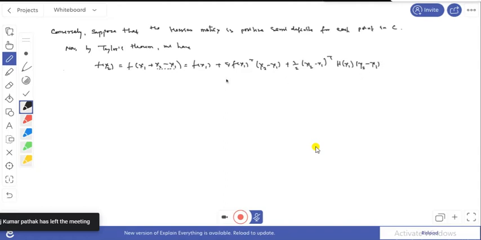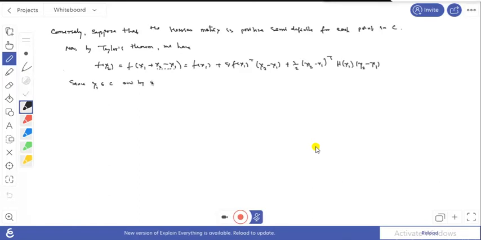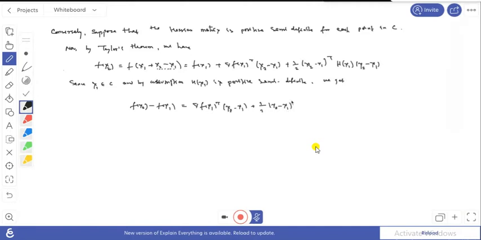Okay, so since your x1 belongs to C, and H(x1) is positive semi-definite for any x belonging to C, we get f(x2) minus f(x1) equals gradient of f(x1) transpose (x2 minus x1) plus half (x2 minus x1) transpose H(x1) (x2 minus x1).